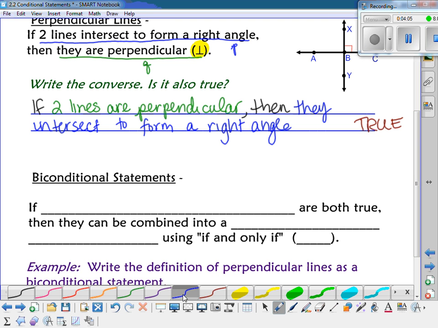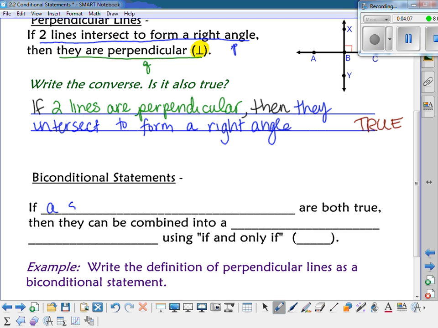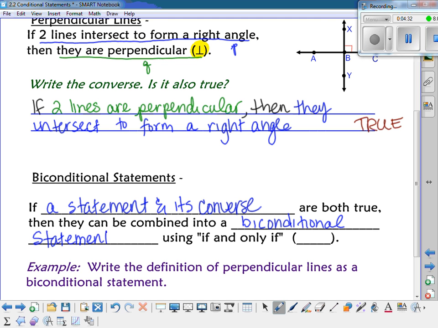So if a statement and its converse are both true, then they can be combined into a biconditional statement using if and only if. And I can abbreviate if and only if with IFF.